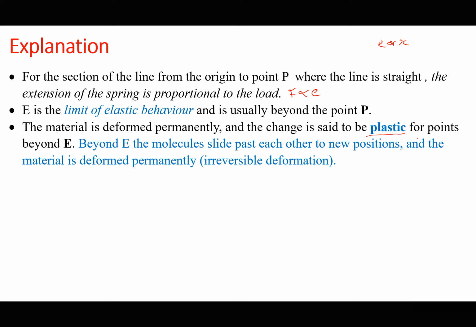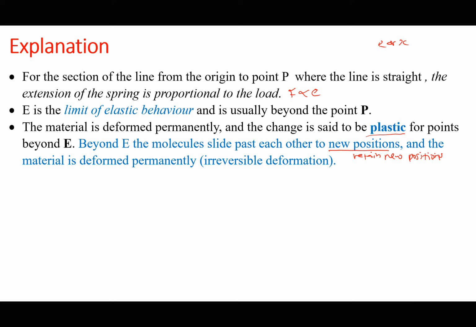So what happens after E is that the molecules slide past each other to new positions, and the material is deformed permanently. So the molecules slide to new positions and they retain the new positions. The molecules retain their new positions, so it means they don't move back to their original positions.